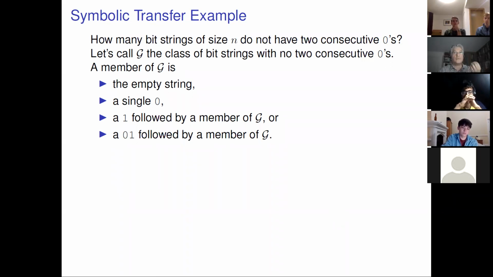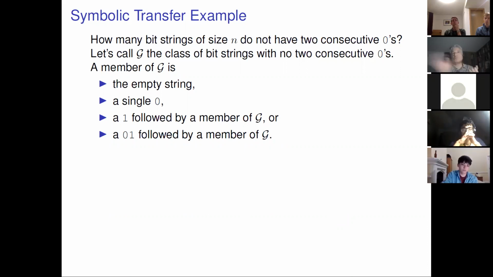And then if the first bit is 1, then the rest is another member of G. We don't have any restriction about the rest of the string. But if it starts with 0, the second bit has to be 1, because we do not want two consecutive zeros. But after we have that 1, then the rest is an element of G. Well, this leads to this combinatorial construction.